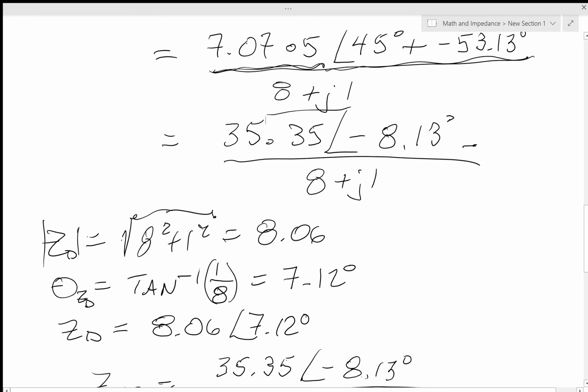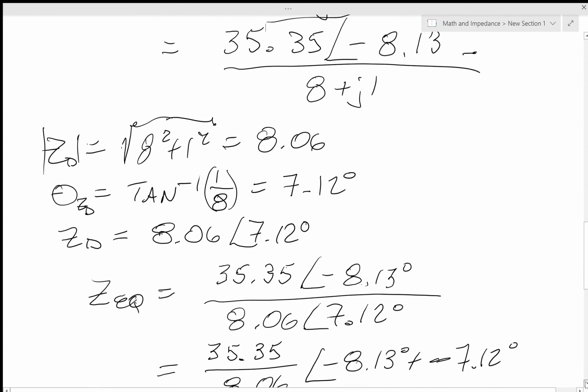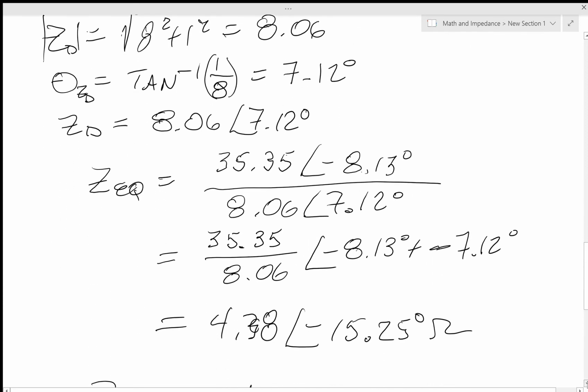Stick that back into my ZEQ formula: 35.35 at an angle of minus 8.13 divided by 8.06 at an angle of 7.12. Now all I have to do is divide the magnitudes and subtract the angles. Don't forget, you have to subtract that bottom angle from the top angle.